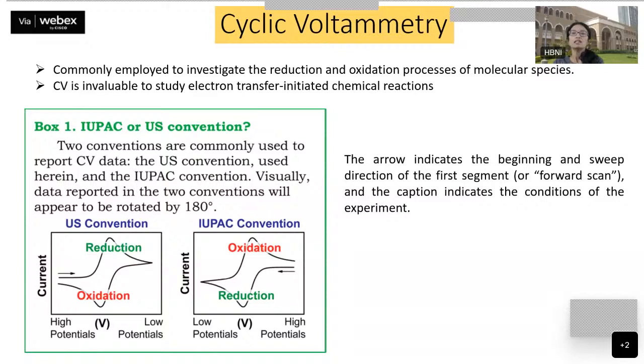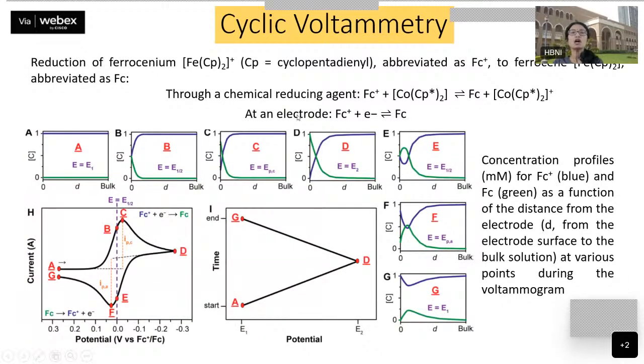The arrow indicates the beginning and the sweep direction of the first segment of the forward scan, and the caption indicates the conditions of the particular experiment. Now I'll show you what happens for a simple reaction, like when you are reducing the ferrocenium ion, with cyclopentadienide, abbreviated as Fc+, to ferrocene.